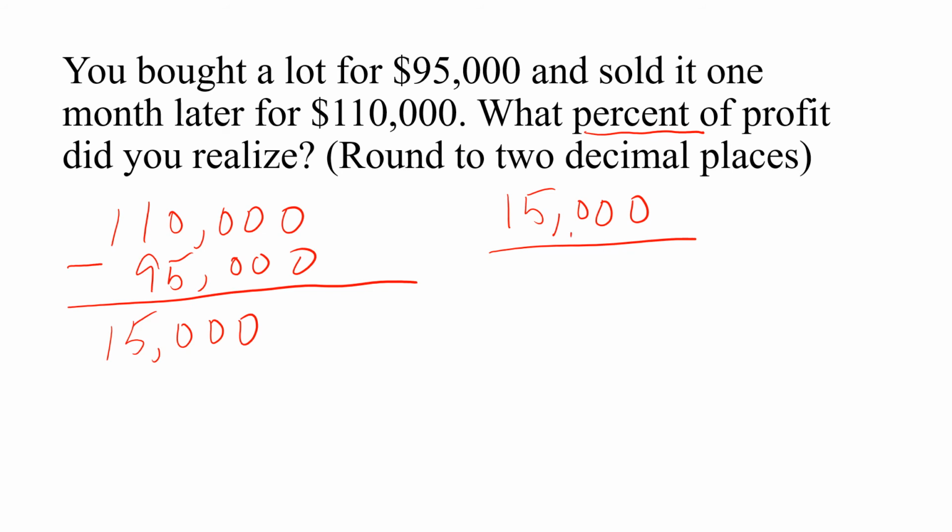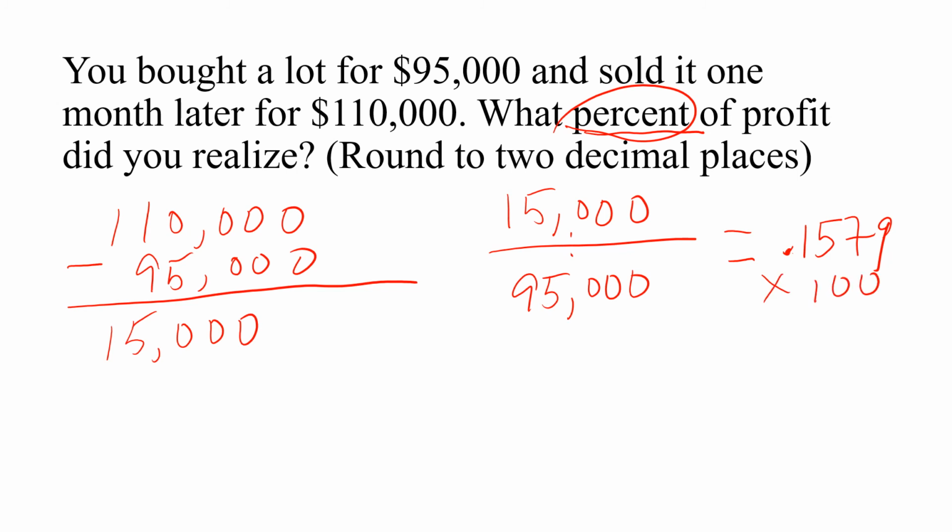So that's divided by 95 equals 0.1579, but it wants the percentage. So remember, when it wants percentage, we have to multiply by 100. So that says we got 15.79% profit.